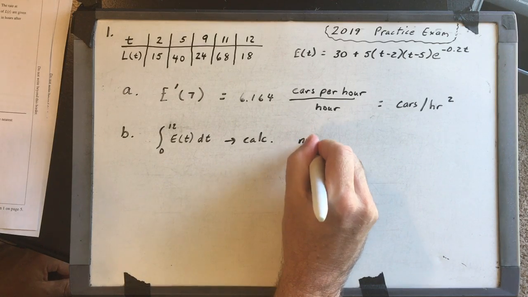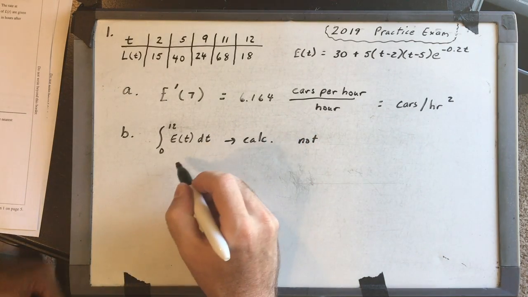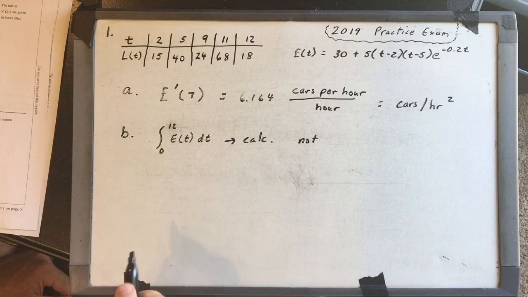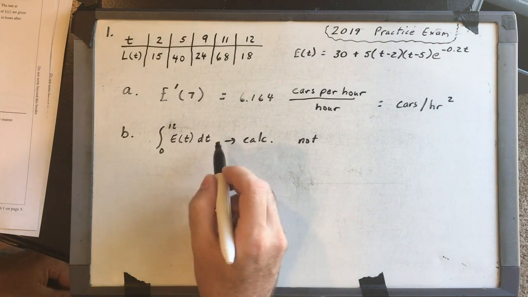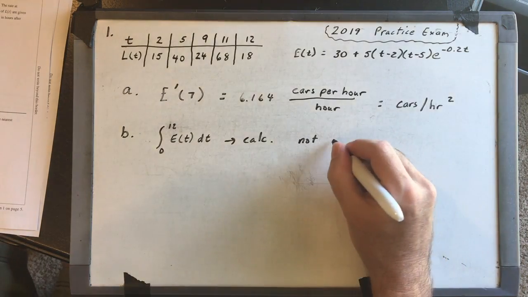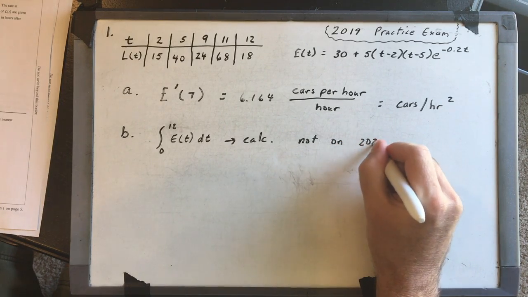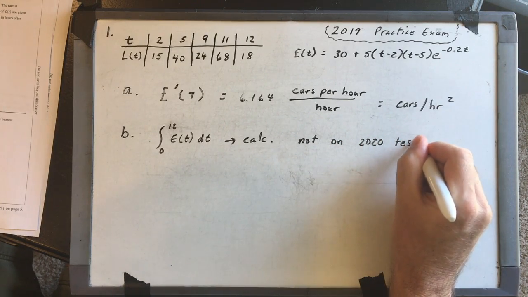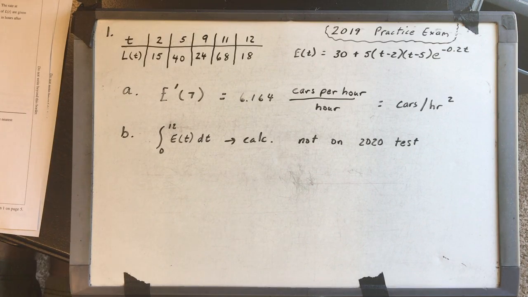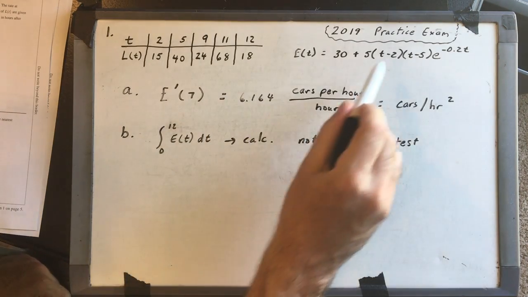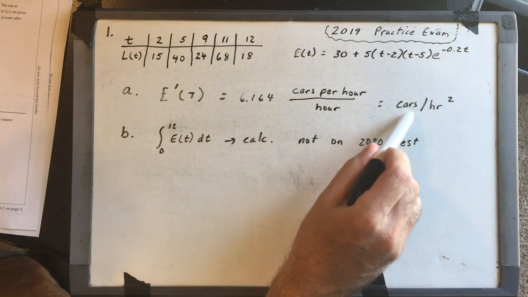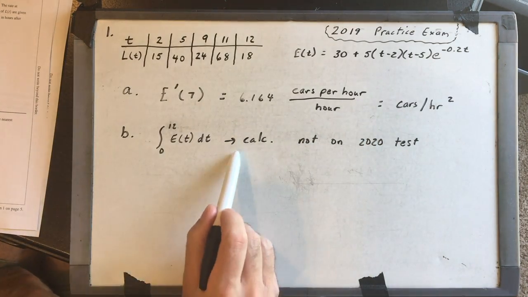But this kind of problem where you're integrating, accumulating things, and you're solving the accumulation of something through integrating is not on the 2020 test. Finding a rate of change it just wouldn't be this hard. Having to get the right units would be. This is not on the test.